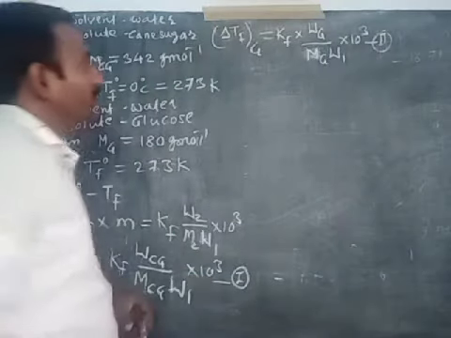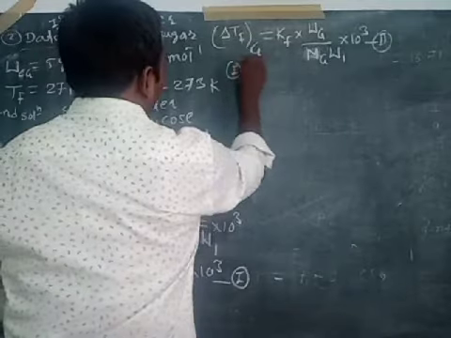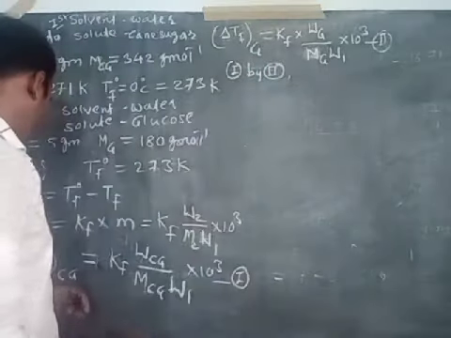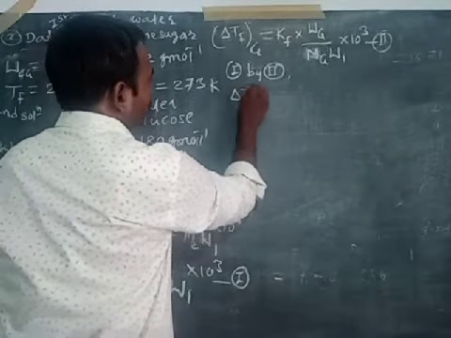Now we can take 1 by 2 to solve for the values. In 1 by 2, what will happen?